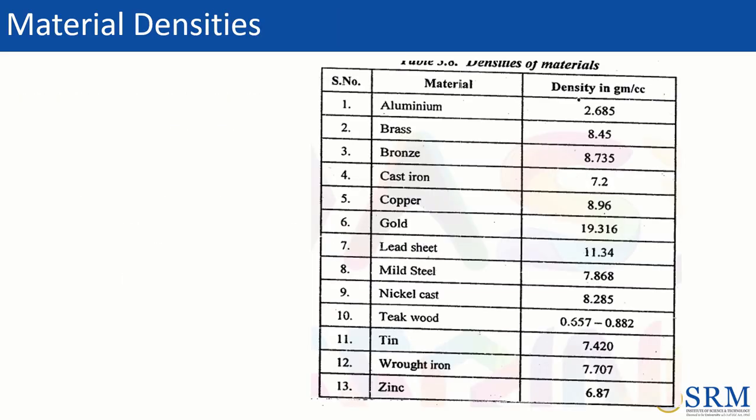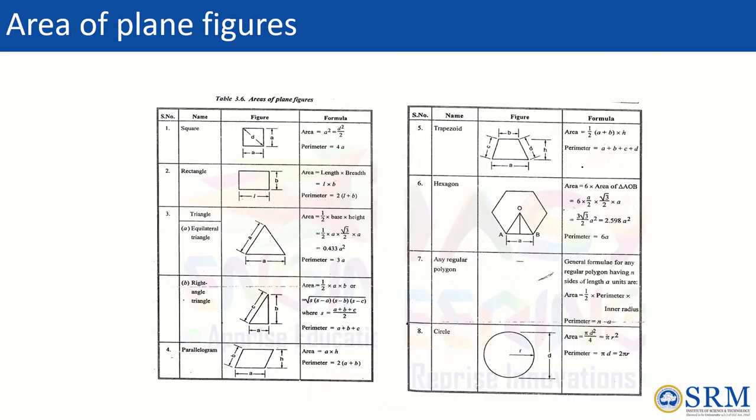To help with more complex geometries, engineers use standardized reference tables like the ones on the slide. Table A provides densities of common industrial materials such as mild steel at 7.868 gram per centimeter cube, cast iron 7.2 gram per centimeter cube, and the next table outlines standard geometric formulas for calculating the areas of the plane figures, including squares, triangles, right angle triangles and parallelograms, which are essential for finding cross-sectional values before computing the volume.